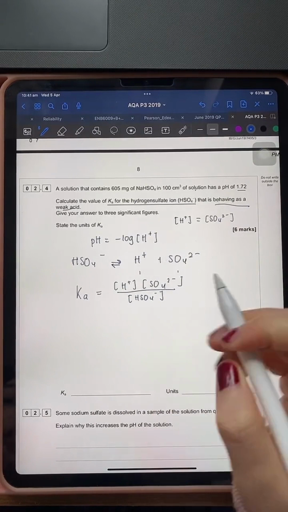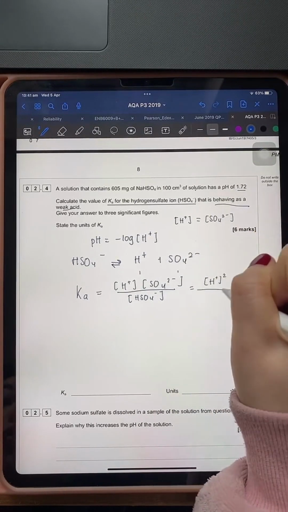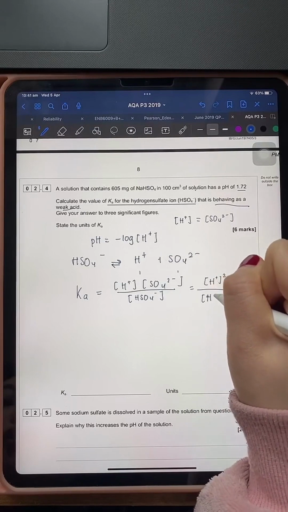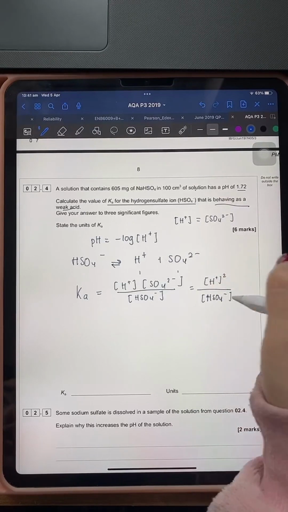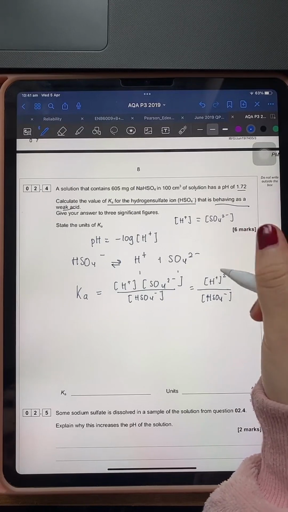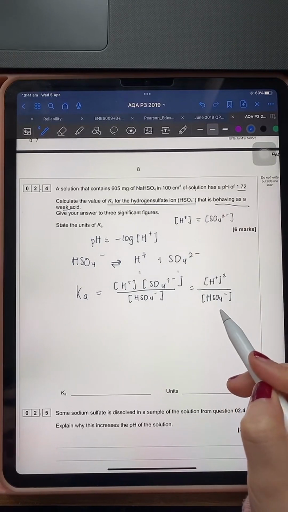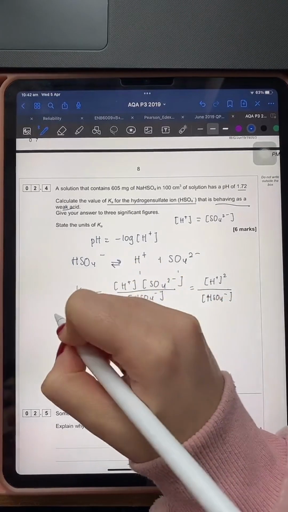So when you put that together, you get H plus squared over HSO4 minus. Okay, so now we can find the concentration of H plus, we can find the concentration of HSO4 minus.